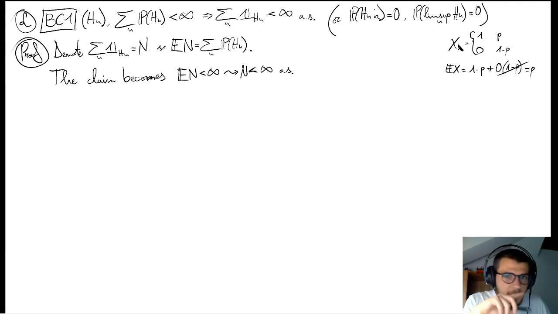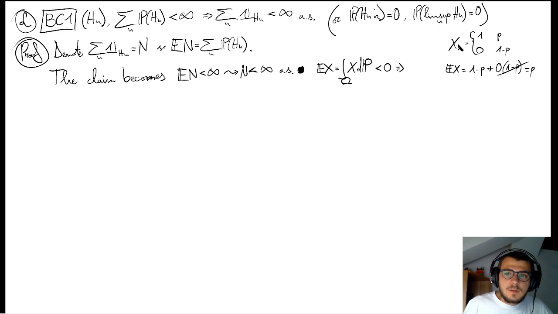But this is obvious because of the definition of the expectation. So the expectation is finite if the random variable is finite. And this is a property by definition of the expectation, because the expectation of a random variable x is finite if and only if x is finite.